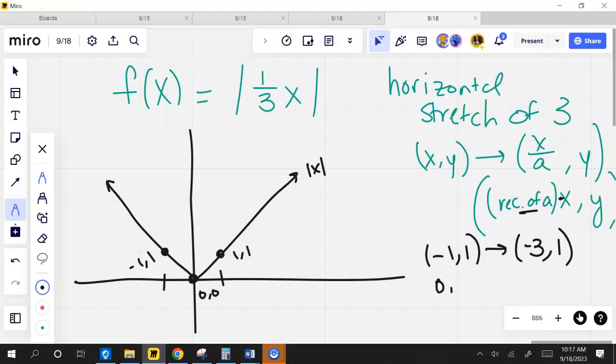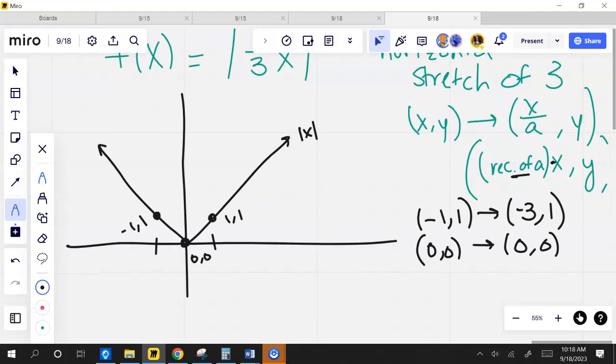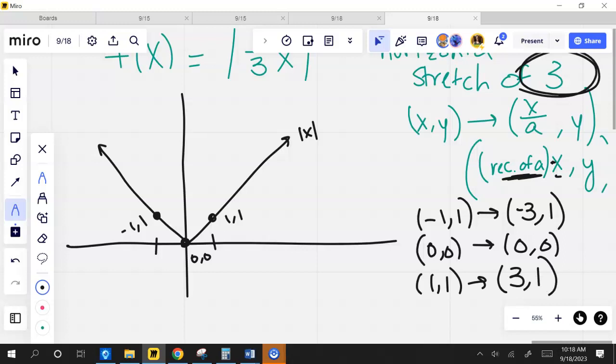Then I'm going to take the point (0,0), and that becomes, well, 3 times 0 is 0, and the 0 stays the same. And then that last point is (1,1). Again, my reciprocal of A is 3, so I do reciprocal of A times x. What do I get? 3, and then y stays the same.